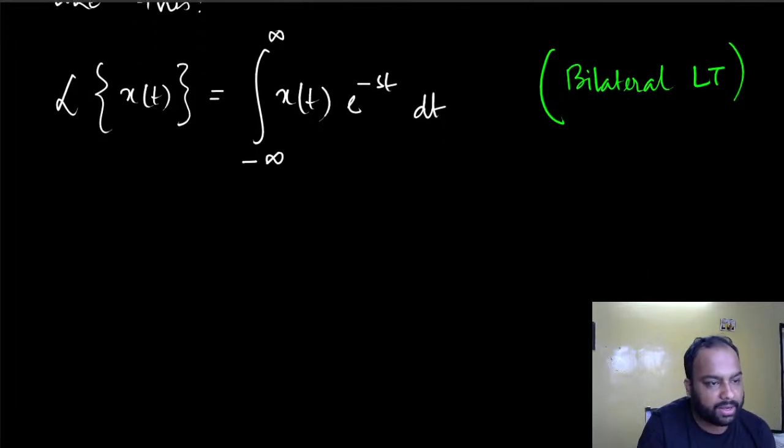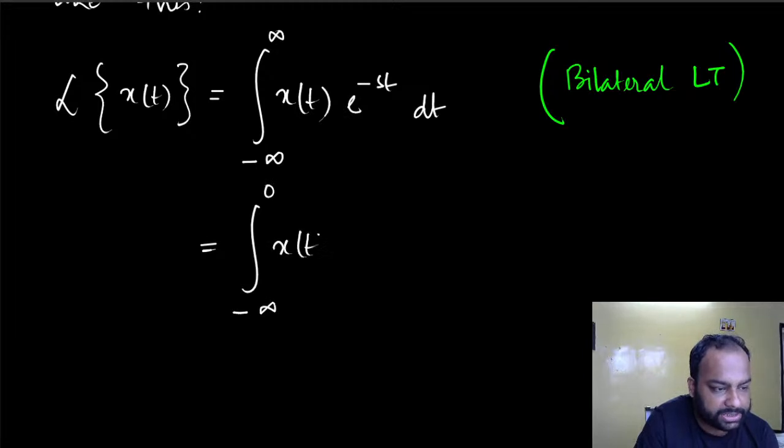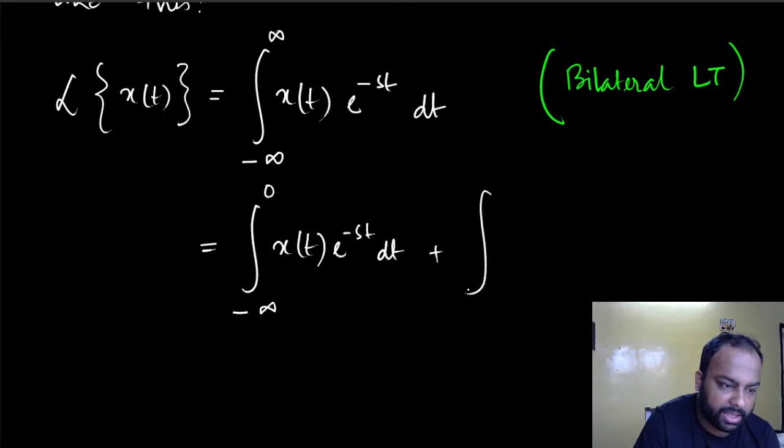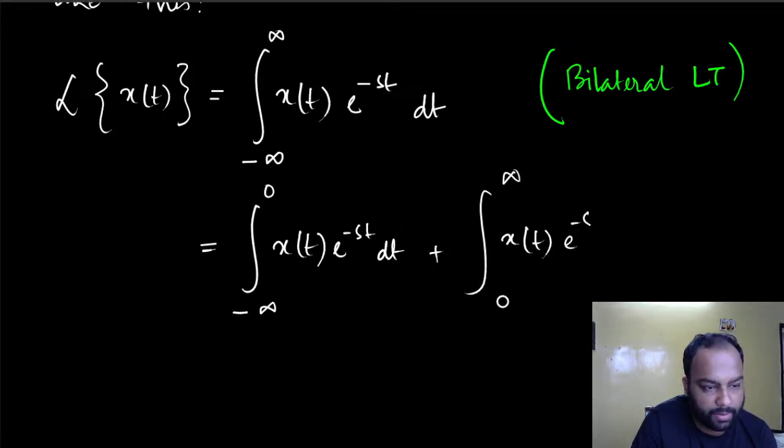But this can be split into two limits, for negative values of t and positive values of t. So from minus infinity to 0, x(t) e to the power minus st dt, plus 0 to infinity x(t) e to the power minus st dt.